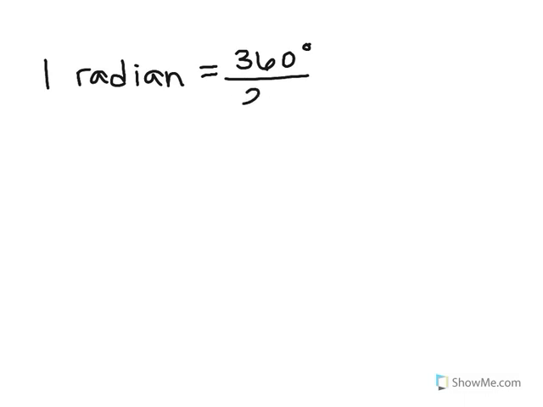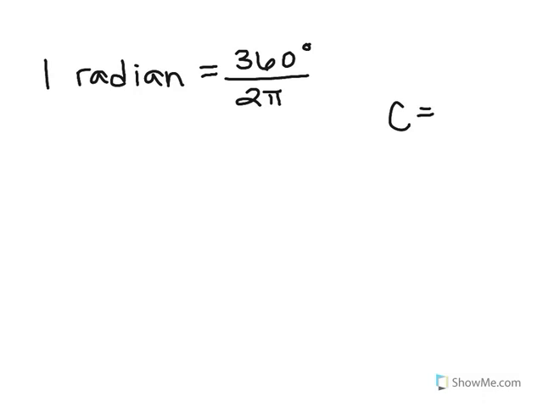There is a little formula that's on your Moodle page, which basically says if I have 1 radian, it is equal to 360 degrees, which is a full entire circle, divided by 2 pi. And why 2 pi, do you ask? Well, if you remember, or I'm going to write over here to the side, that radians talks about arc length.